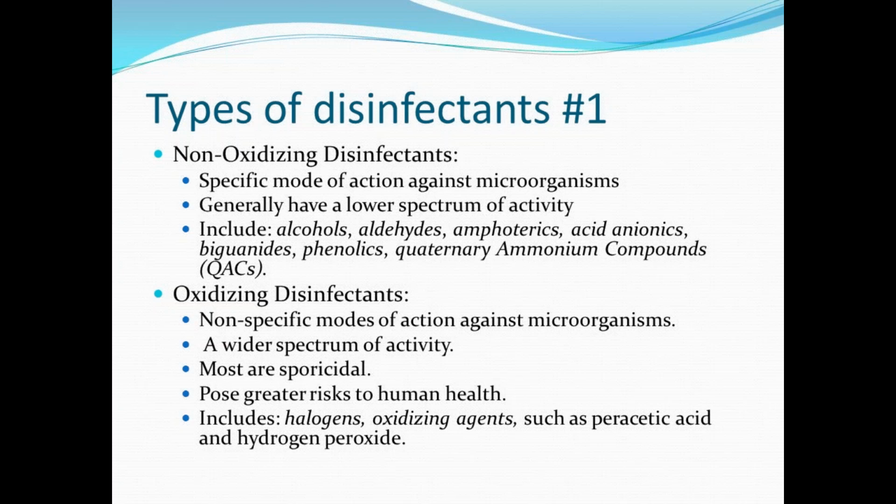Many are sporicidal, but by virtue of the fact that they kill everything, they're less good in terms of health and safety because they are toxic. So some of the health and safety requirements become a little bit more robust. This group includes halogens, so the chlorines and the iodines, and oxidizing agents like peracetic acid and hydrogen peroxide.